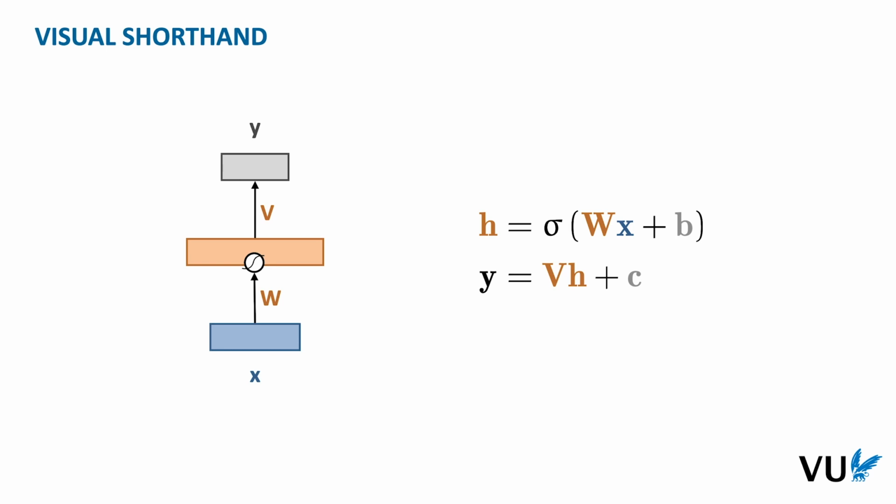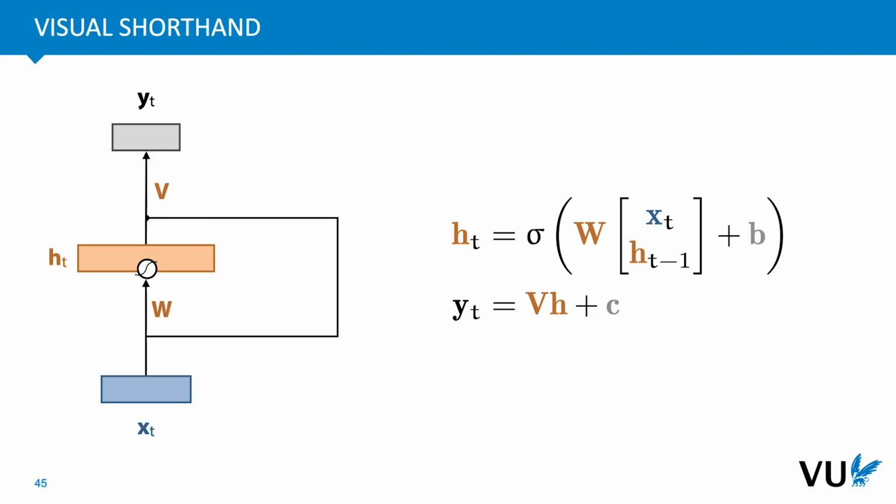This is the basic feed-forward neural network that we've been drawing a lot already, represented in this new visual shorthand. On the right are the equations that tell you more precisely what is happening here. Now, in this visual shorthand, we can represent our recurrent connection in this way. At the top we see a bifurcation in the arrow, which indicates that the value splits off before we multiply by the weight matrix phi.